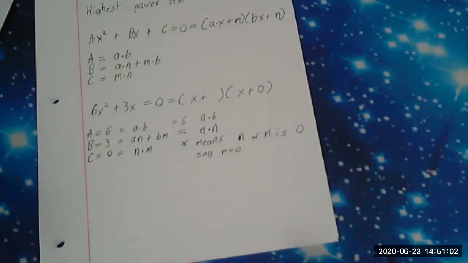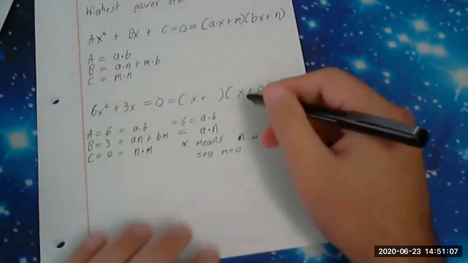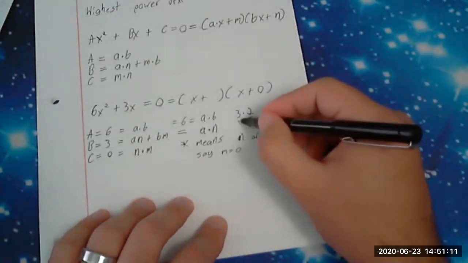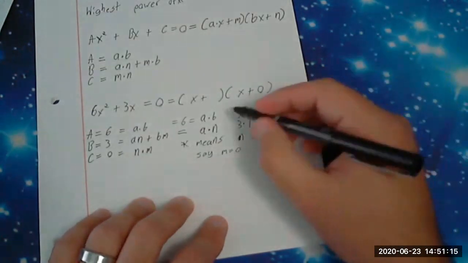Well, they both got a 3. So you can say that this is 3 times 2, and this is 3 times 1. So that means A is 3.